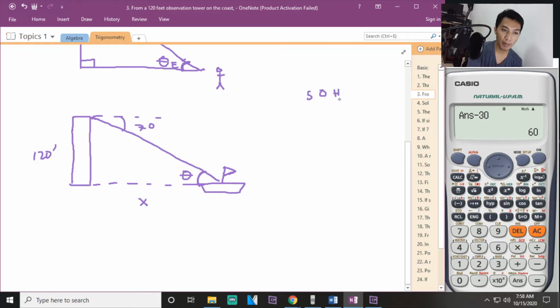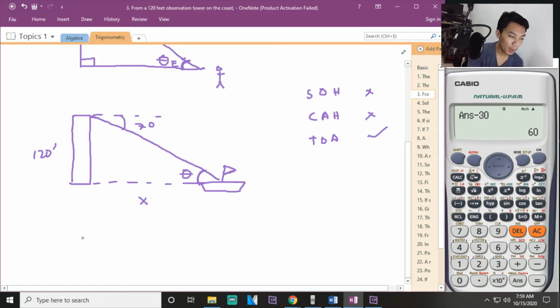Sine, opposite, hypotenuse, hindi pwede. Cosine, adjacent, hypotenuse, wala naman tayo hypotenuse. Hindi pwede. So, meron tayong TOA. Meron tayong opposite, adjacent, check. Itong gagamitin natin. So, we can now solve for x.